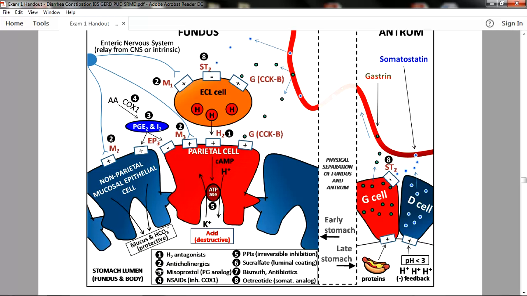In fact, sometimes it's used as an abortifacient for women having abortions. So it's a very strong contraindication in pregnancy. But misoprostol does mimic these prostaglandins, so that means it does have a protective effect.